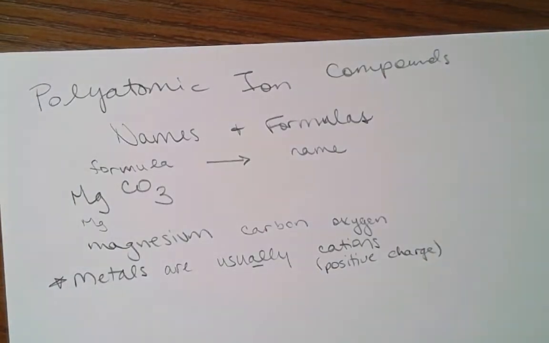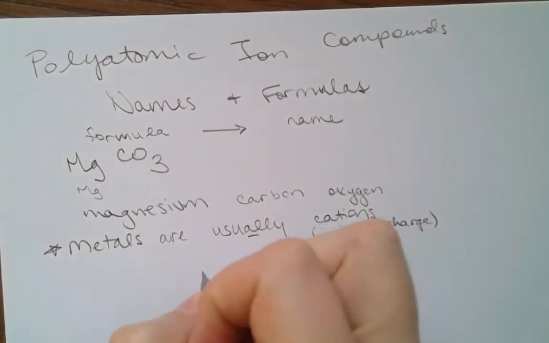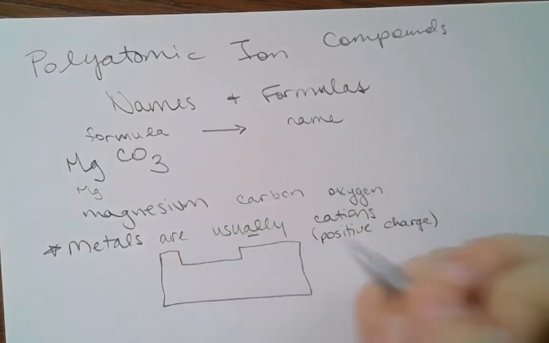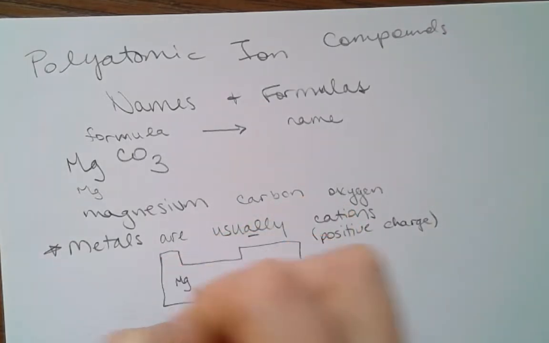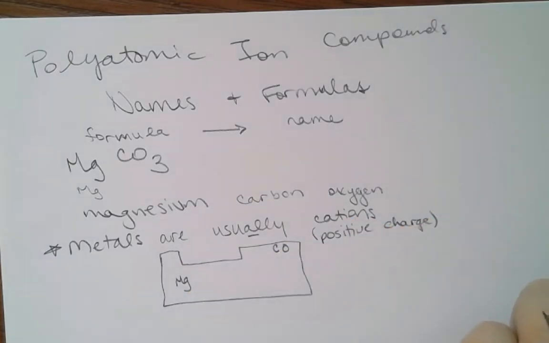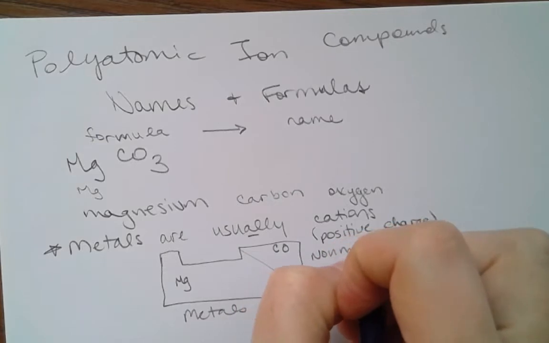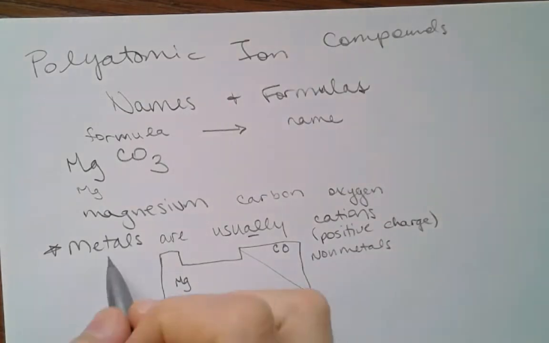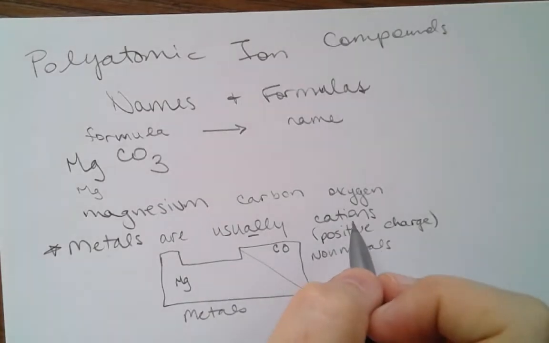So here, with your magnesium, carbon, and oxygen, you look those up on your periodic table. You did some trend stuff last quarter, and we're not even going to go deep on the trend stuff. We're just going to say your magnesium's over here, carbon's over here, your oxygen's over there. These are metals. These are nonmetals. And that's going to be your clue that this metal is the cation.